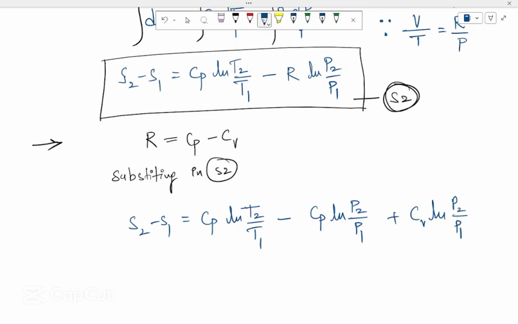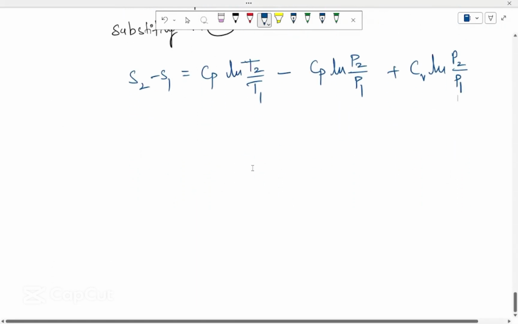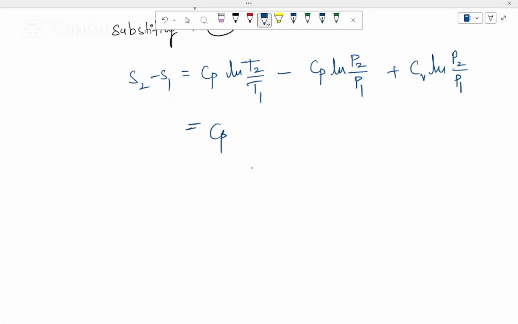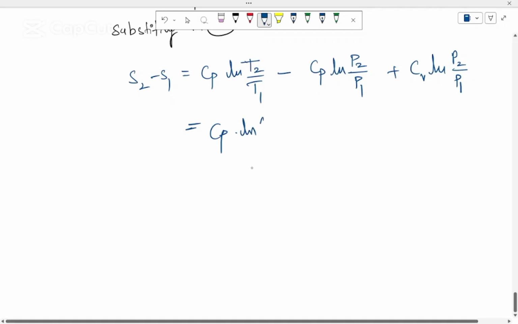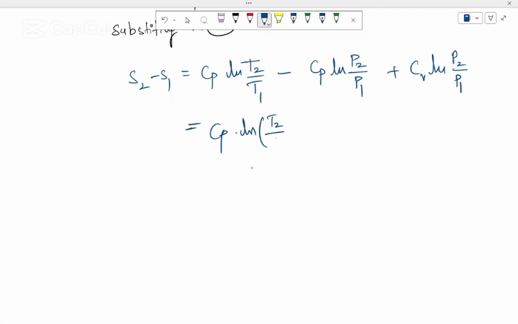So for this S2 minus S1, if I take this Cp as common for these first two terms, what I am going to get is Cp into ln of T2 by T1 into P1 by P2.